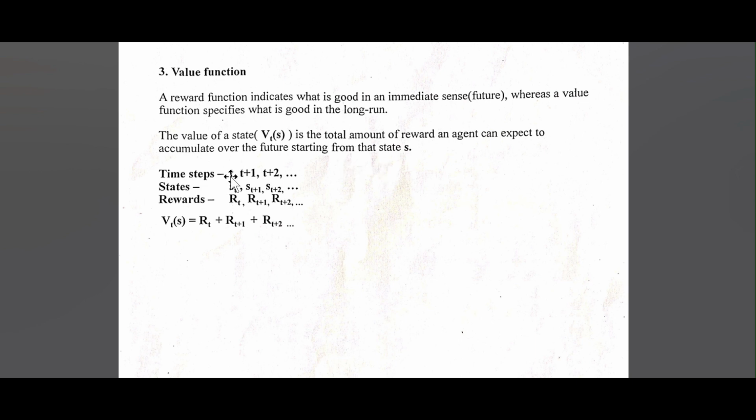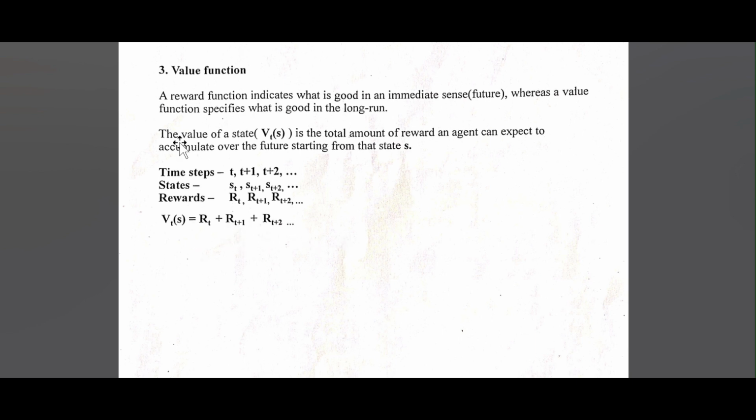Let's assume time steps t plus 1, t plus 2, and so on up to t plus n. States are also like that: state at time t, state at time t plus 1, state at t plus 2. Rewards are r at time t, r received at time t plus 1, t plus 2, and so on. So the value function is described as the reward received at time t plus the reward received at time t plus 1, and so on.